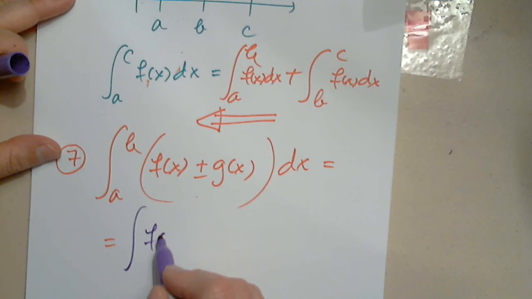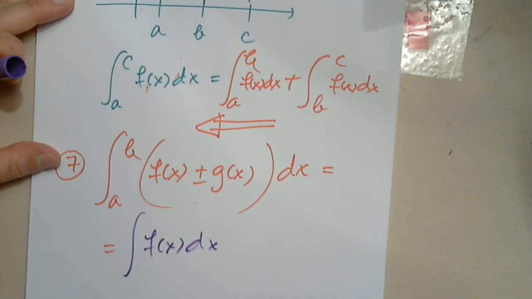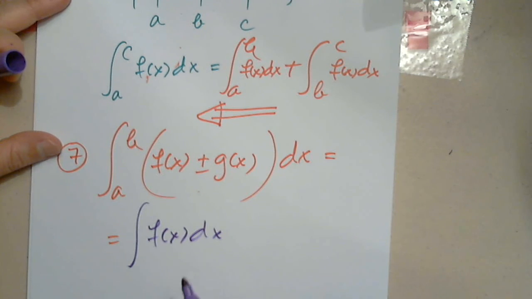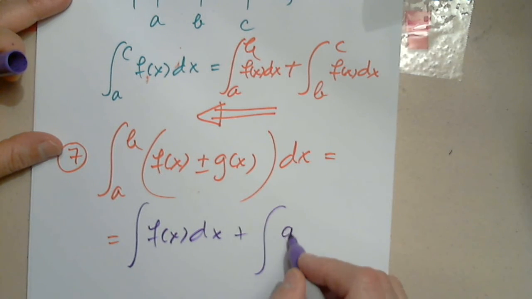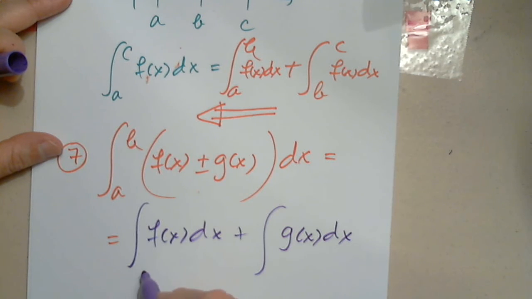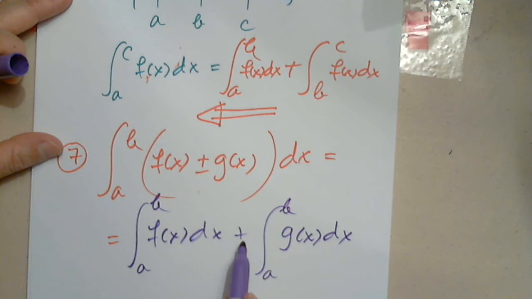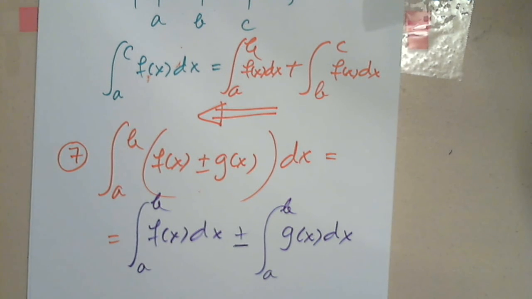Exactly. Yes. Do not forget, the integral has to have a function even if it's 1, and it has to have the differential of x. If it's plus, it's plus. If it's minus, it's minus.